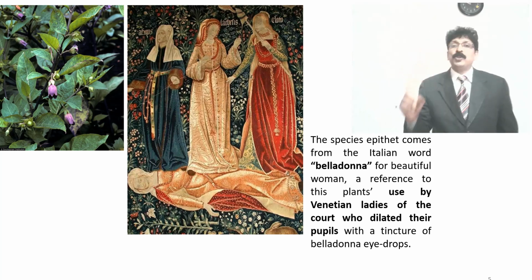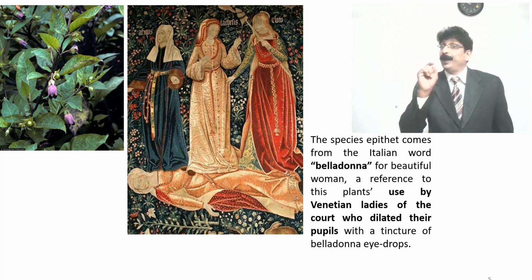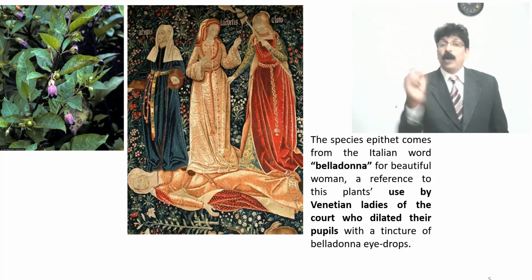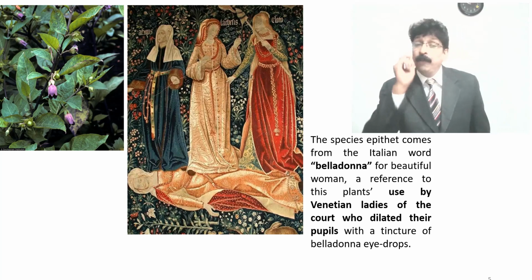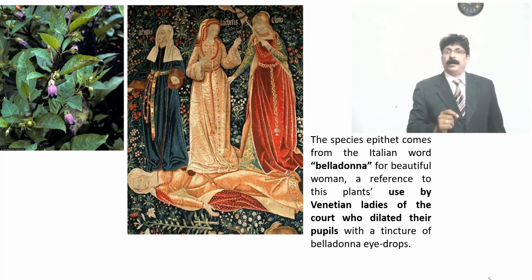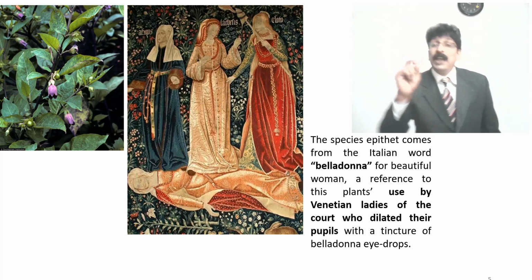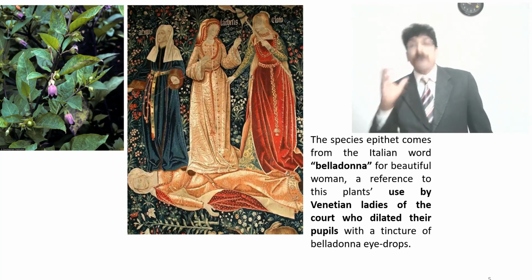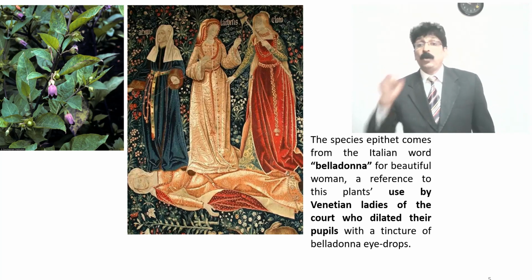The species epithet comes from the Italian word belladonna, which means beautiful woman, a reference to the plant used by ladies for beautifying, to dilate their pupils.